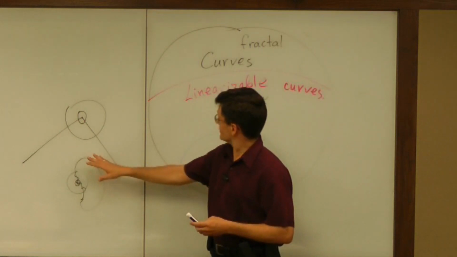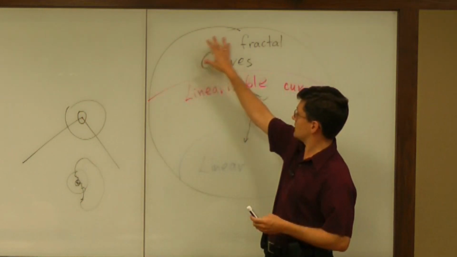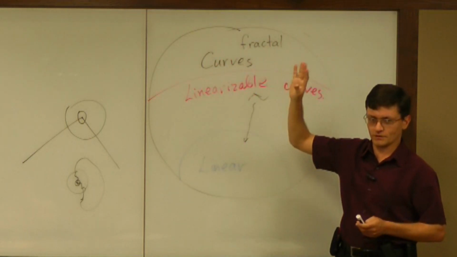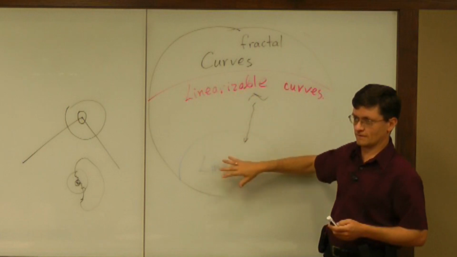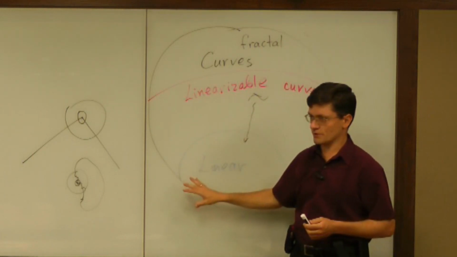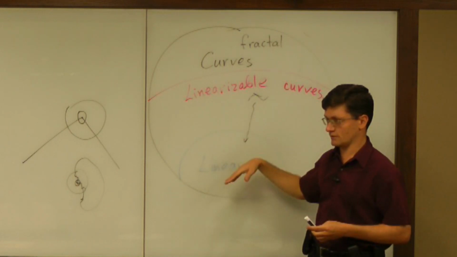So I will mention from time to time limitations of calculus, but I will mostly focus on these two steps: identifying linear objects and studying how things can be linearized and studied using calculus.